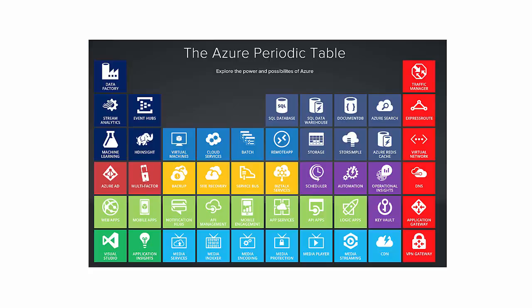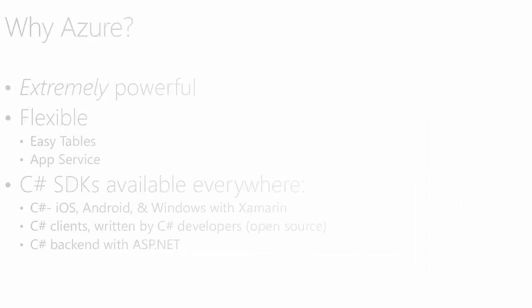I mean, you've got all kinds of different storage, then business intelligence from data processing like machine learning and stream analytics. You've got processing from your VMs and cloud services. You've got all kinds of connectivity through the network options that are available and integration features. So it's just basically an endless supply of services that you can use and leverage in your applications.